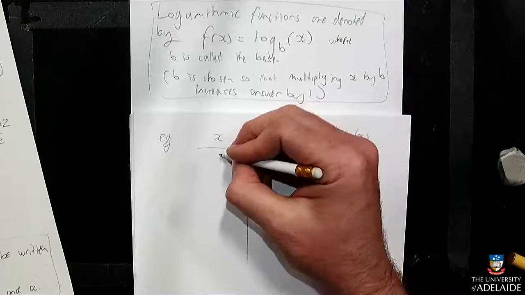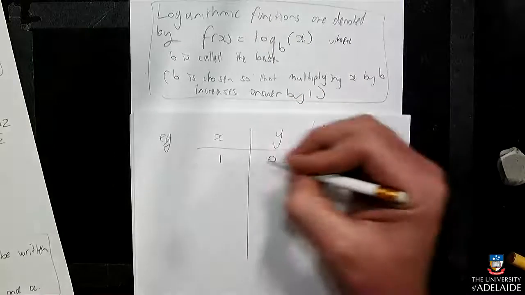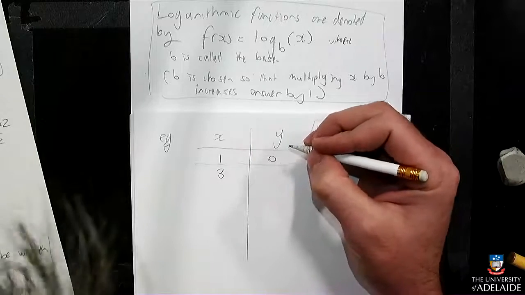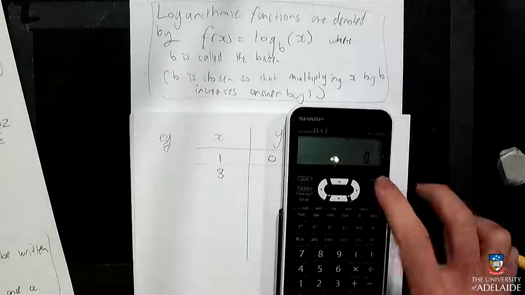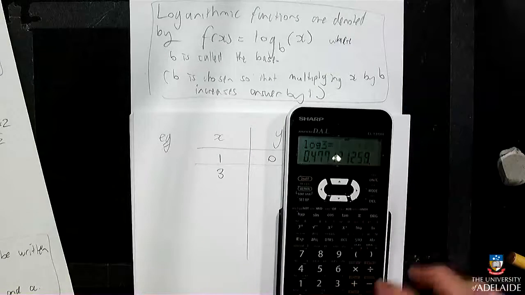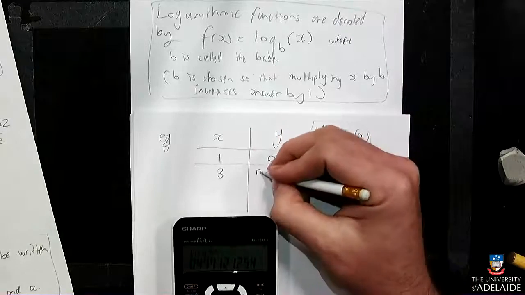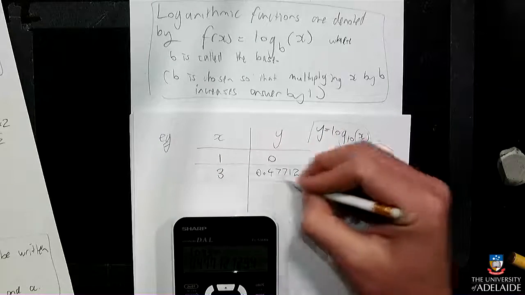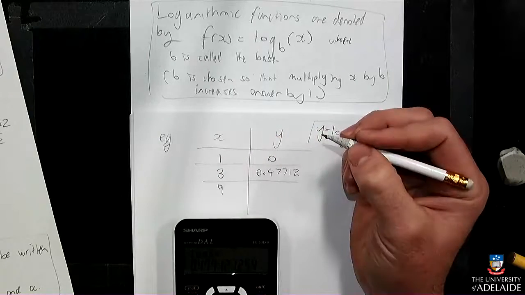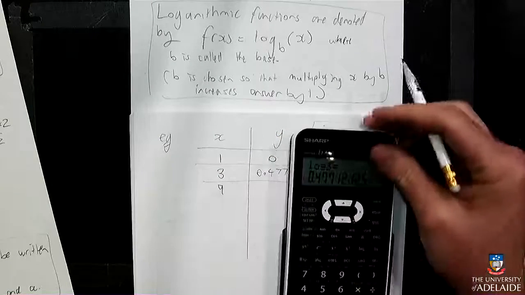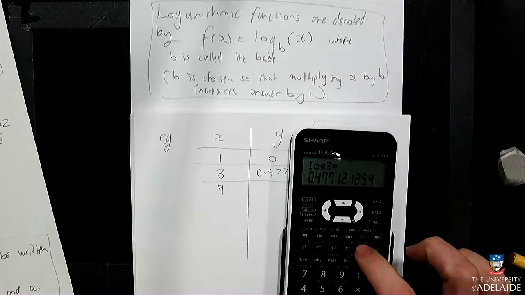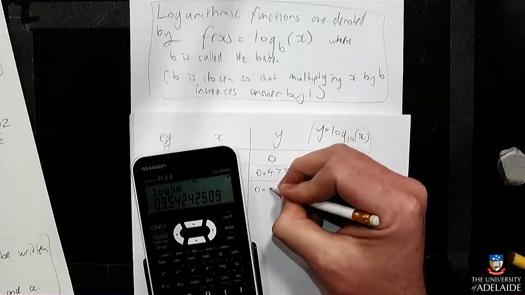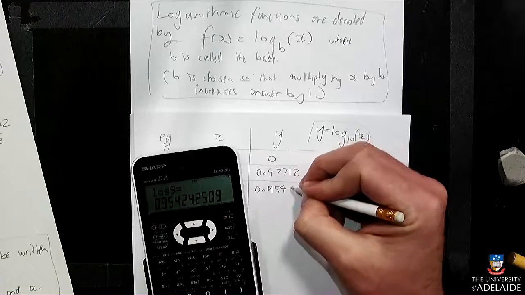So if I start with 1 and I start multiplying by, say, 3, then let's see what happens. There's 0.47712. Now if I multiply by 3 again, log 9, 0.95424.